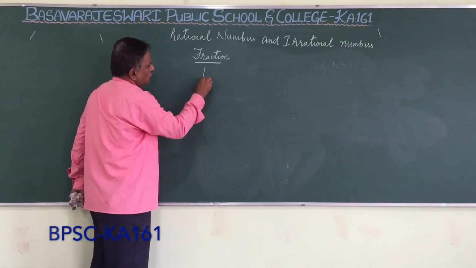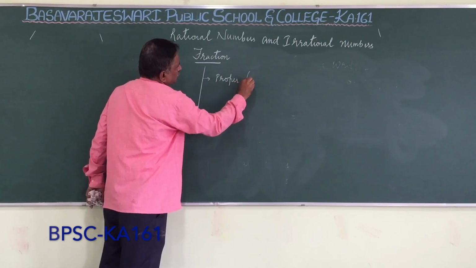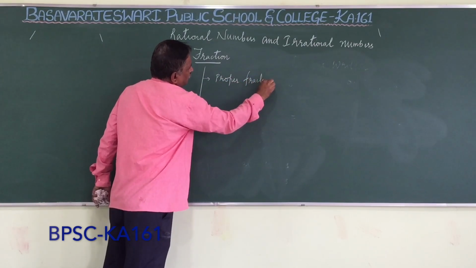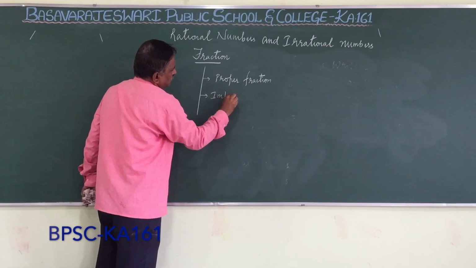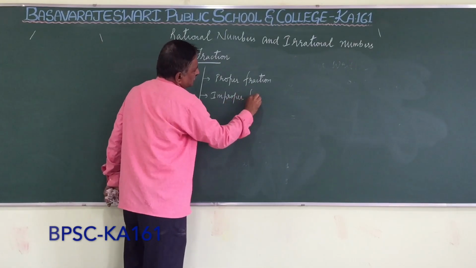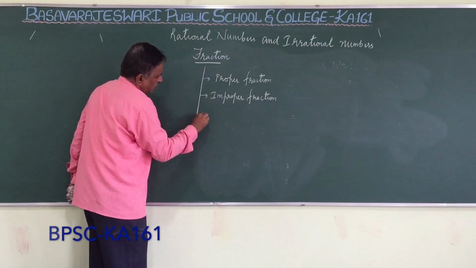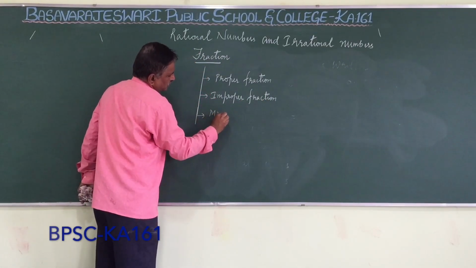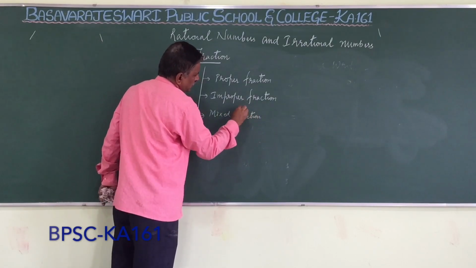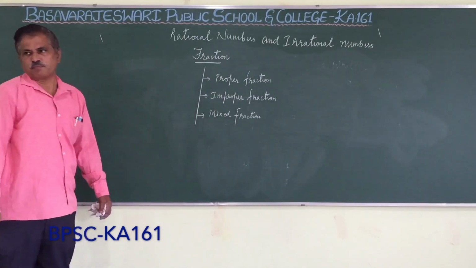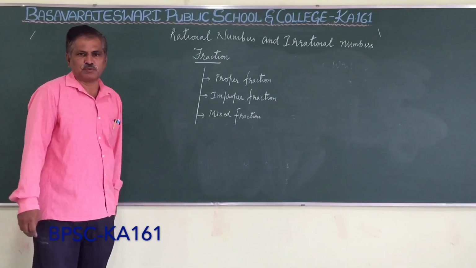Fractions are of three types. The first one is proper fraction, the second one is improper fraction, and the third one is mixed fraction. I hope you know the definition of proper, improper as well as mixed.